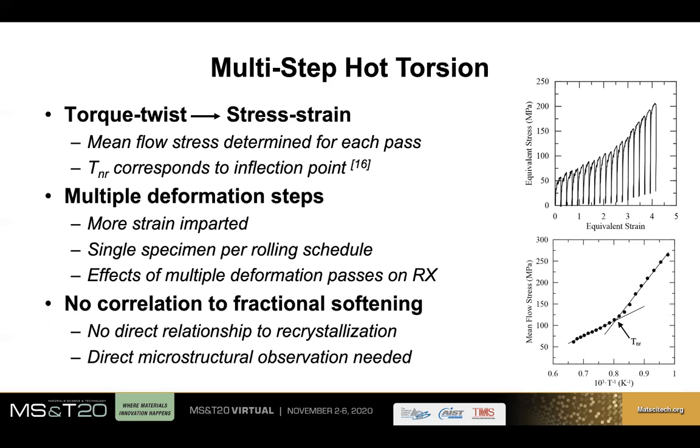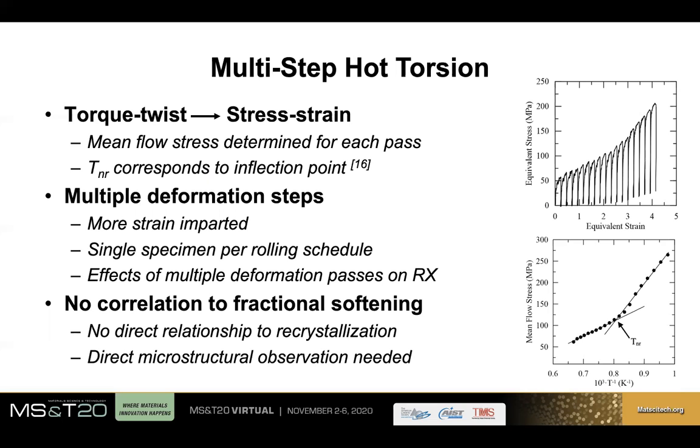At lower temperatures, as we approach the right-hand side of the plot, we see that mean flow stress increases at a faster rate. And this, in the case of microalloyed steels, is attributed to the precipitation of microalloying additions as carbonitride particles that impede recrystallization, leading to the accumulation of strain between rolling passes.